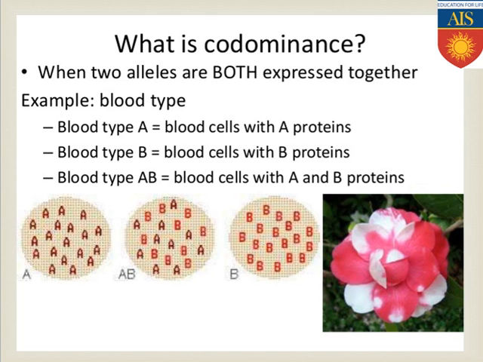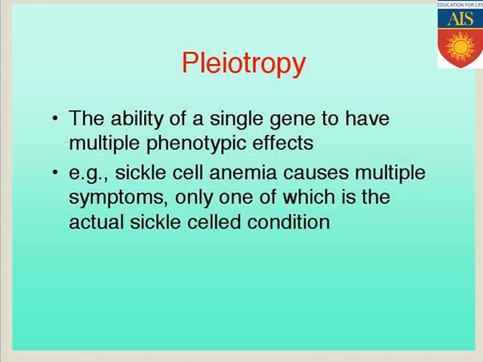After codominance there is another phenomenon, that is pleiotropy. Pleiotropy is a phenomenon where a single gene and its allelic forms control various phenotypic features, and those features are unrelated. They are not related features, rather they are unrelated features.